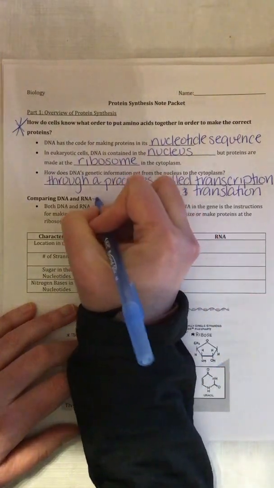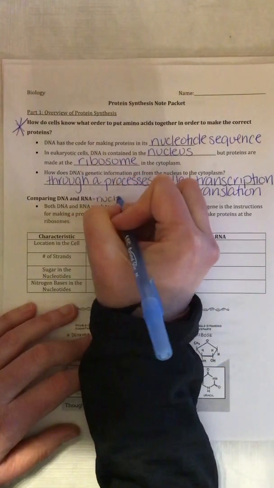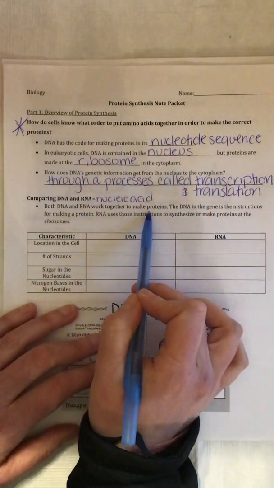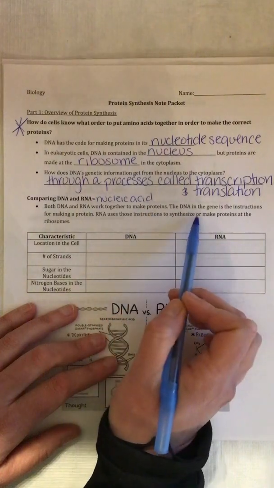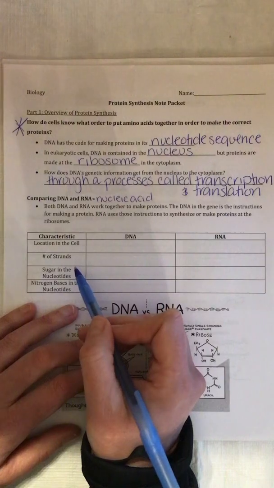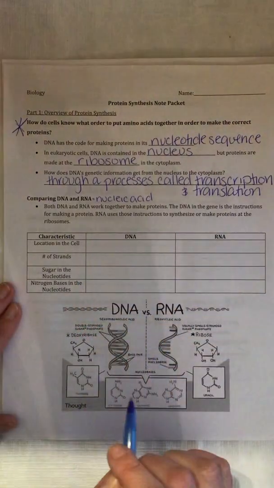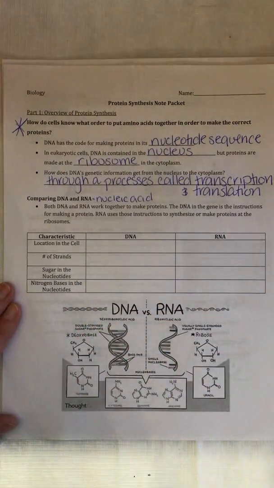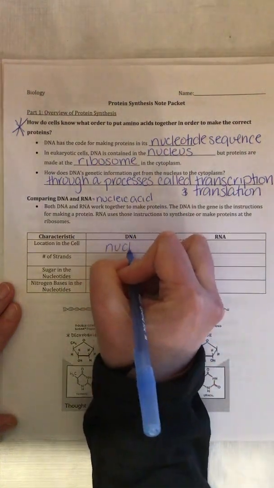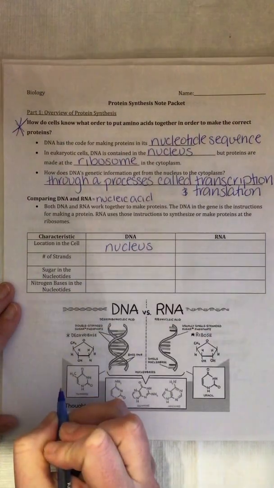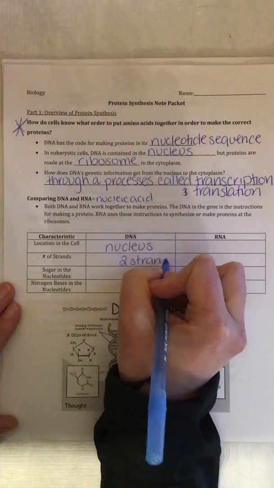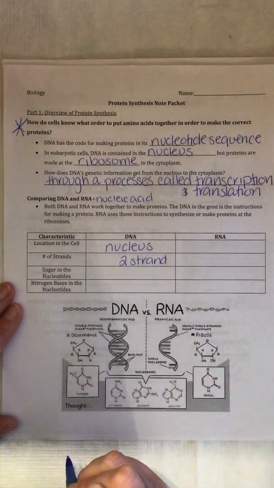Both of these are nucleic acids. Both DNA and RNA work together to make proteins. The DNA in the gene is the instruction for making the proteins, and the RNA uses the instructions to synthesize or make proteins at the ribosome. So the DNA is located in the nucleus. We know that DNA contains two strands. DNA contains a sugar.